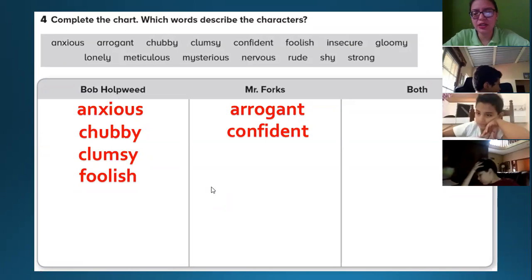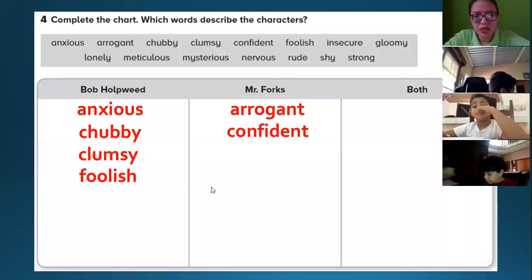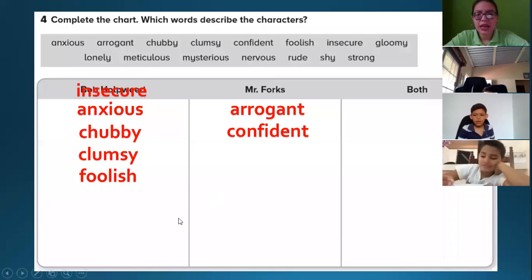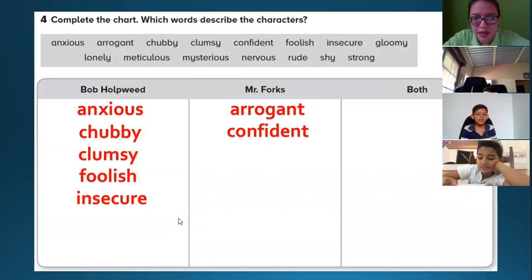So you have to look at it in your emails and print it or copy it in your notebook. Okay, Emmanuel, who is insecure? Bob. Bob, excellent. Bob is insecure.